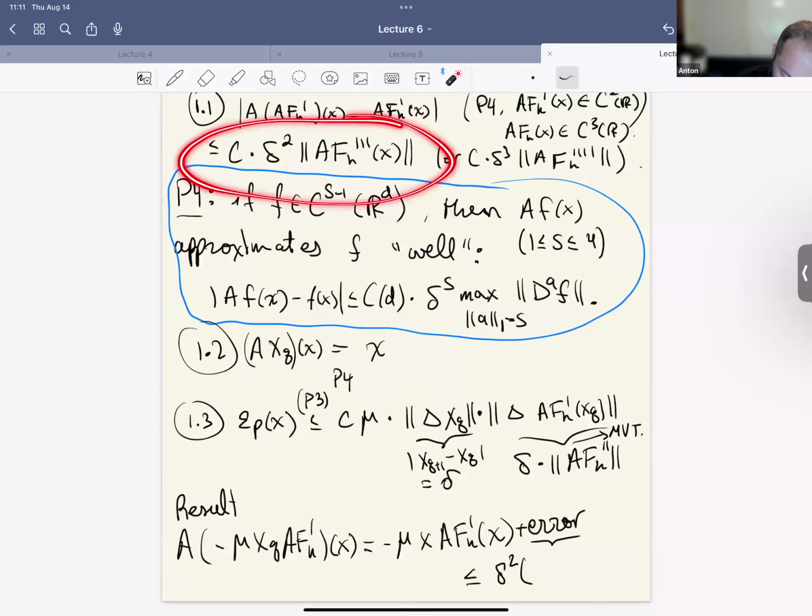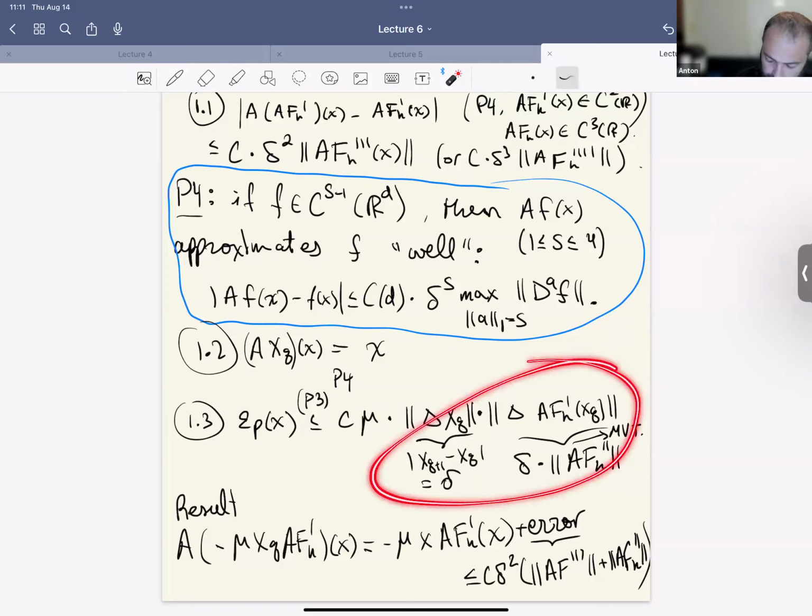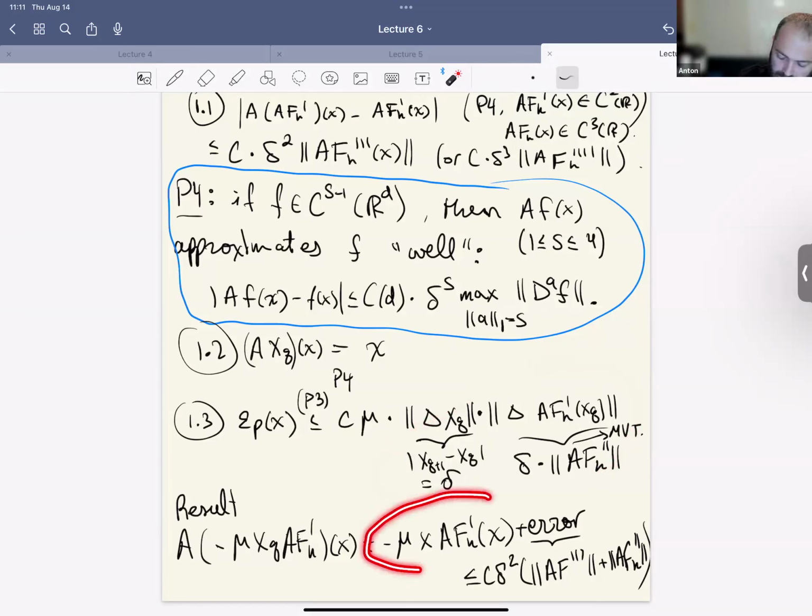So this is the first error term. So some constant times delta squared, the norm of the third derivative of A f sub h, and also we had the norm of the second derivative showing up over here. So long story short, we recover exactly what we were hoping for. And the error term is not so bad.